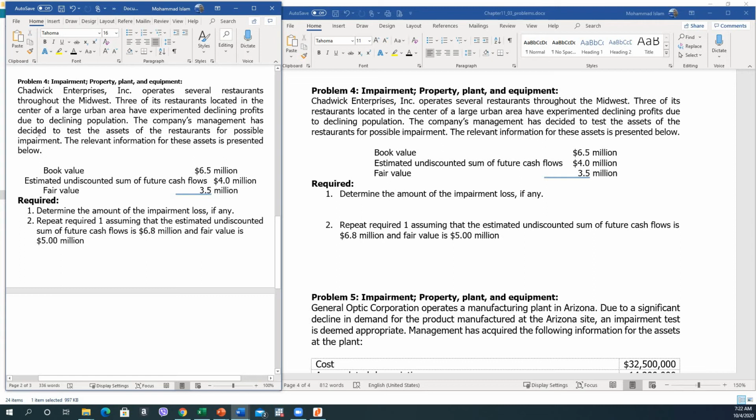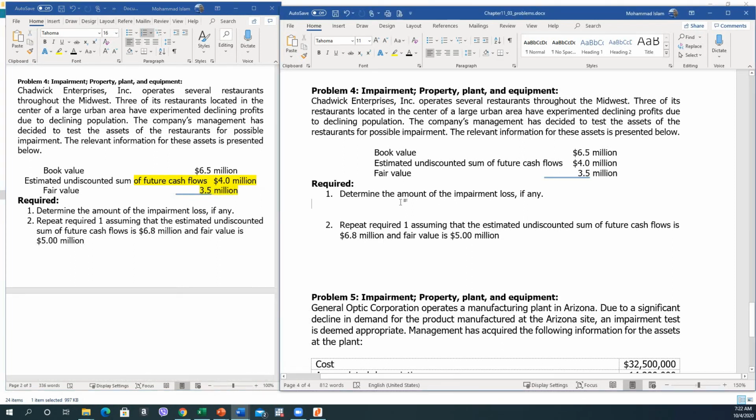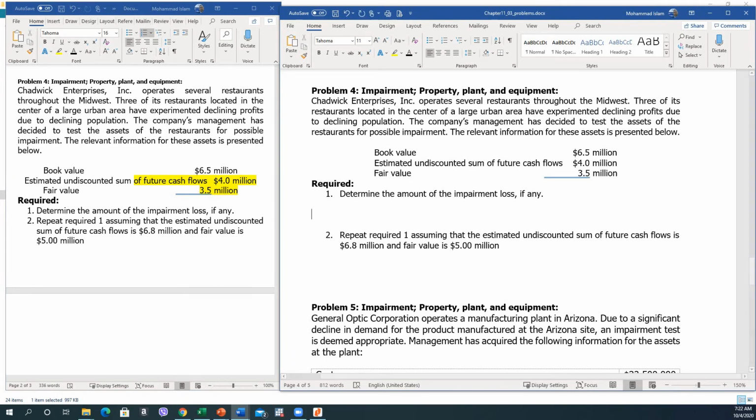The company's management has decided to test the assets of the restaurants for possible impairment. The relevant information for these assets is presented below. The book value is 6.5 million, the estimated undiscounted sum of future cash flows is 4 million, and the fair value is 3.5 million. They're asking to determine the amount of the impairment loss, if any. How do you do that?